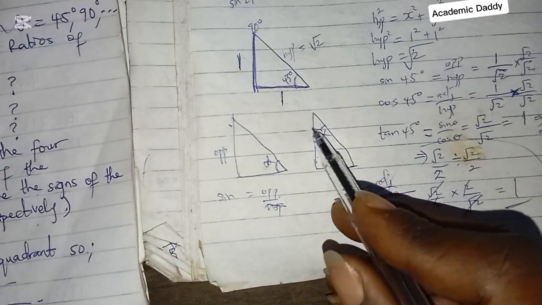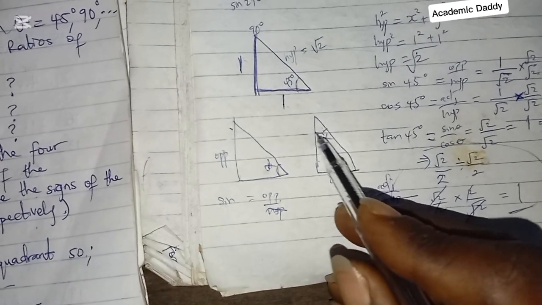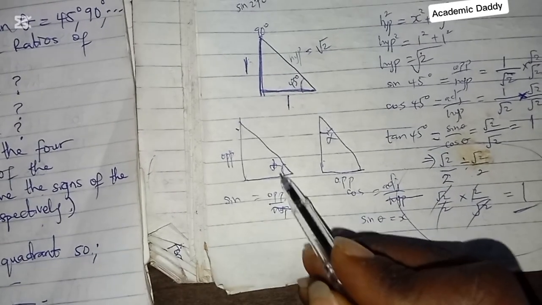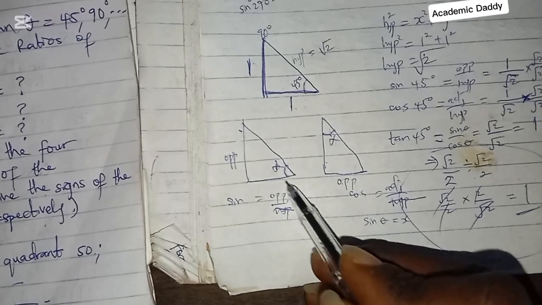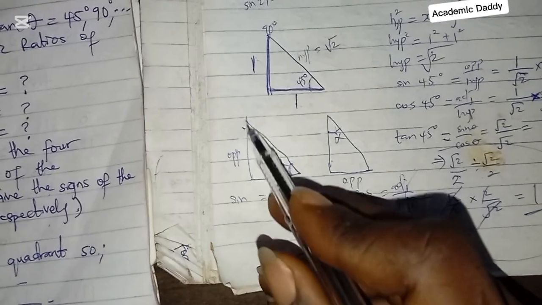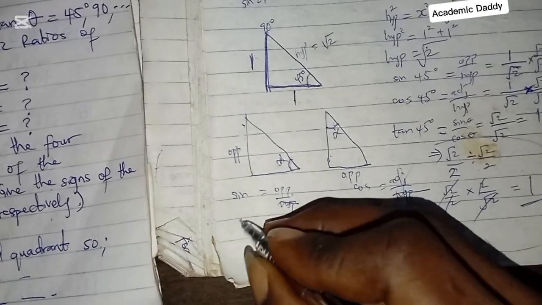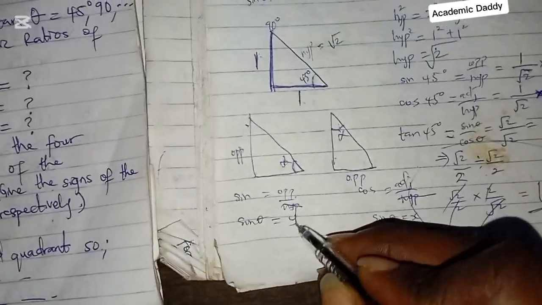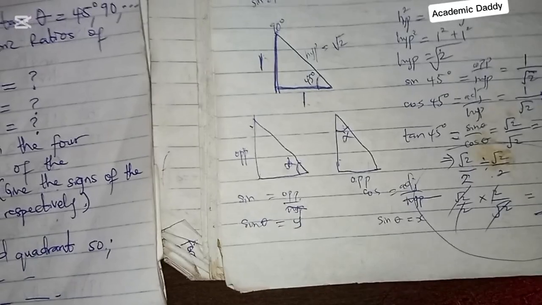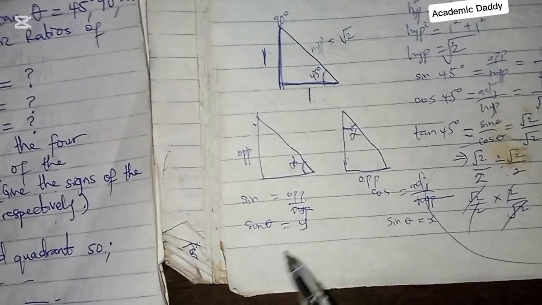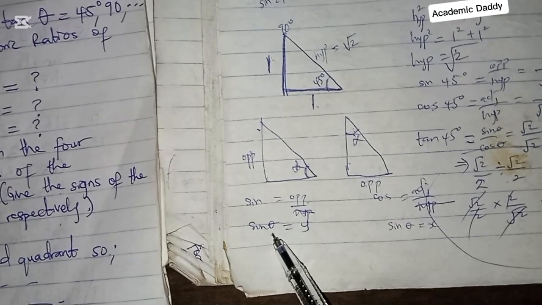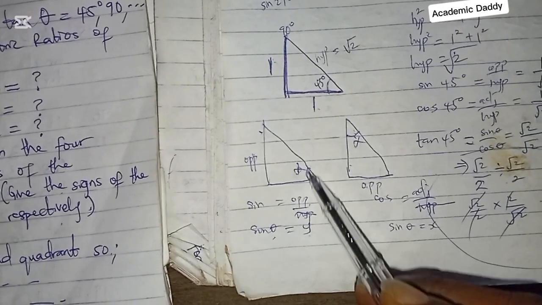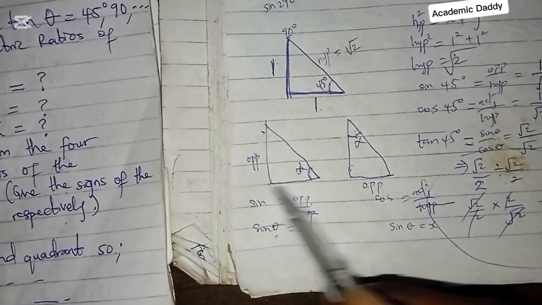So notice that when the angle is made with the vertical axis, you are having x to be opposite. While when the angle is made with the horizontal, you are having the y-axis to be the opposite. So sine theta here is equal to the y-axis, because the y-axis is the one carrying this opposite. This is the reason why in physics we normally say that sine theta is equal to the y-axis, because most of the angles you are considering are made with the horizontal.